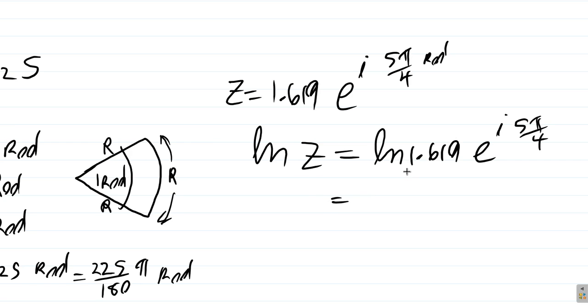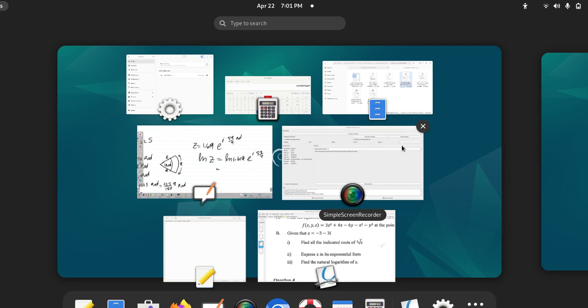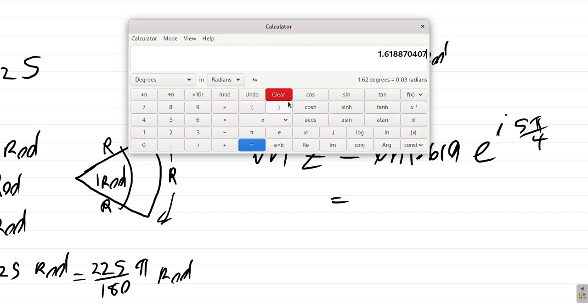Now, laws of logarithms. When you have ln of a times b, it's the same as ln a plus ln b, right? Just a quick review of that. Suppose you have ln of 5 times 6, equal to 3.4 something.